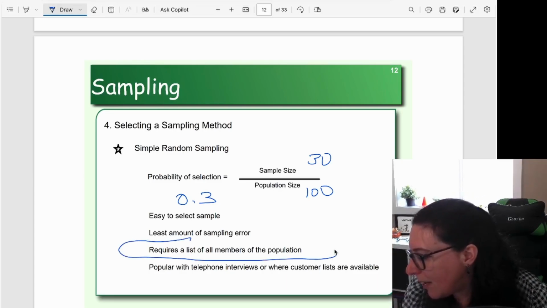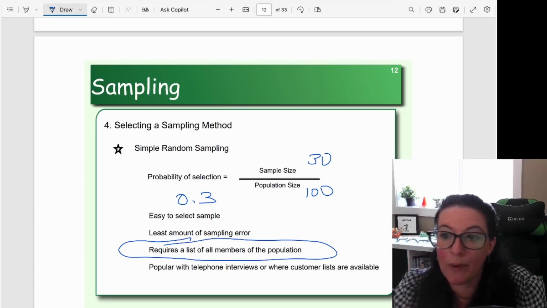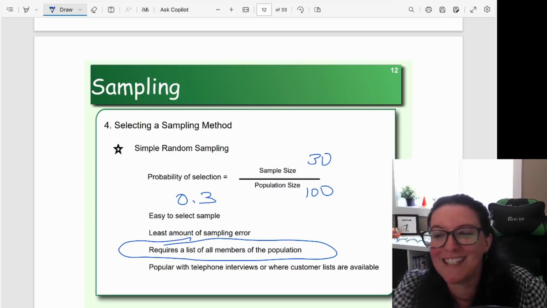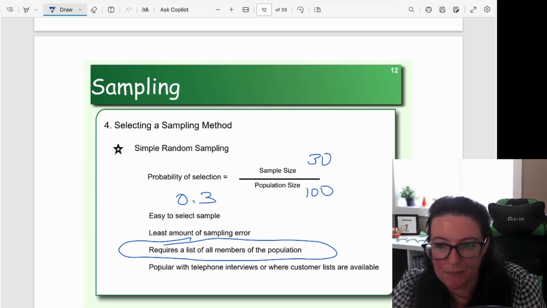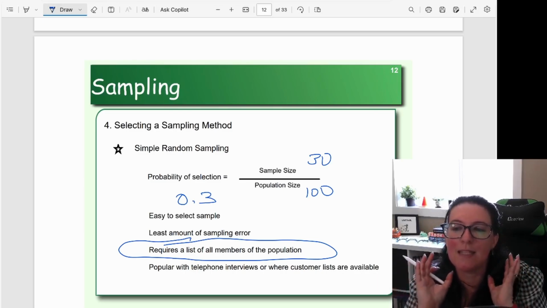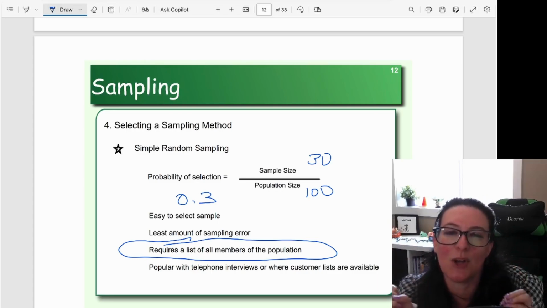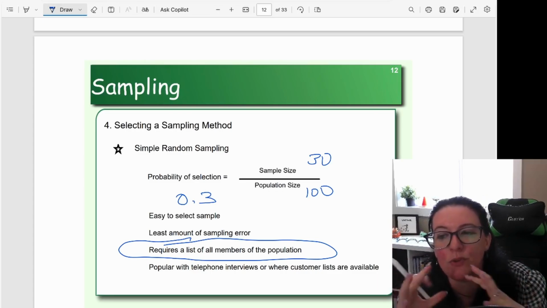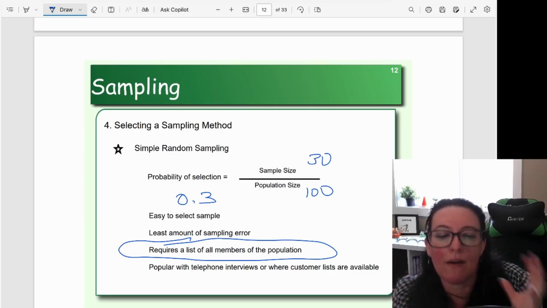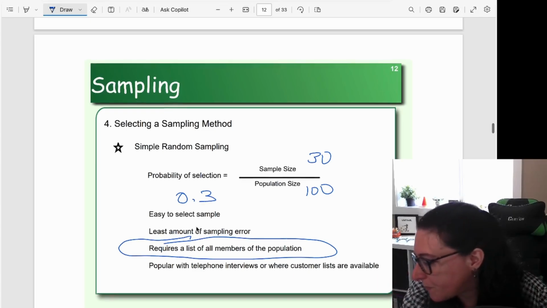That's the limiting factor here, and why we often don't end up with simple random sampling, because we often don't have the names or the contact information for everybody in the population of interest. Simple random sampling is the best approach to get your sample to match the population. It's also the easiest, but it only works if you have that list of everybody in the population.